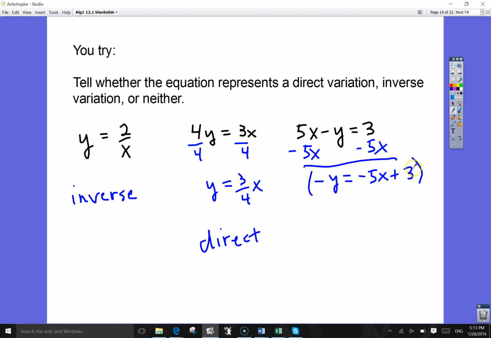What is the multiplication property of negative 1? It says that when you multiply by negative 1, it changes the sign, right? So it becomes positive y equals positive 5x minus 3. And in either case, because of this, it is neither.